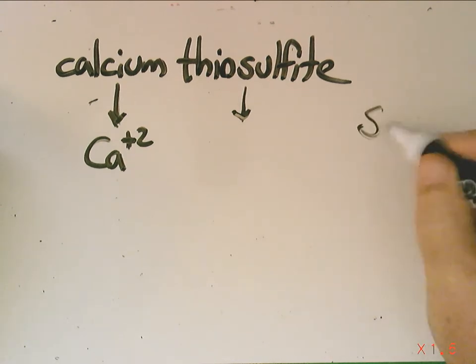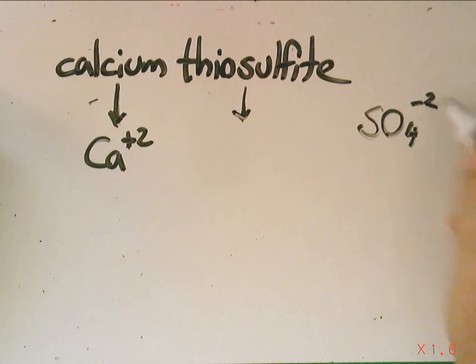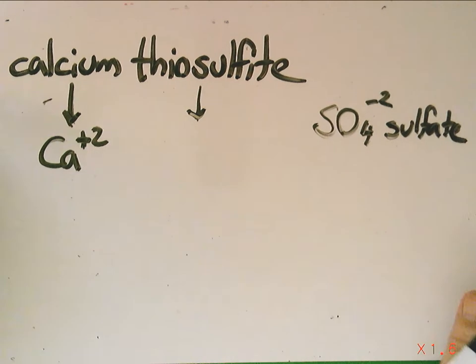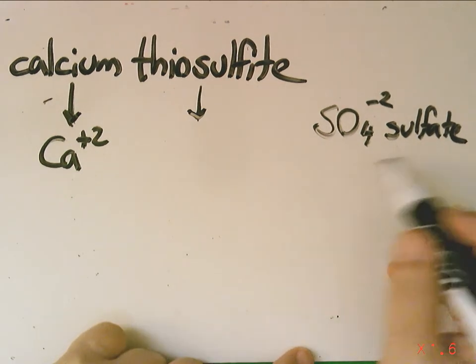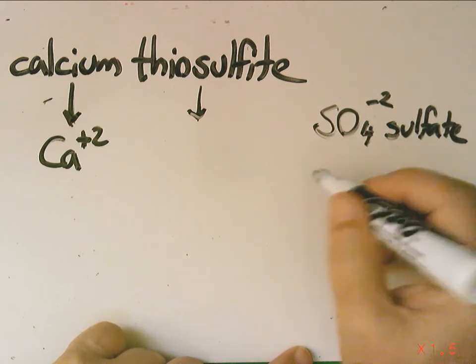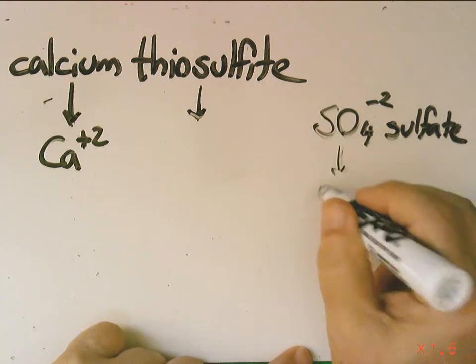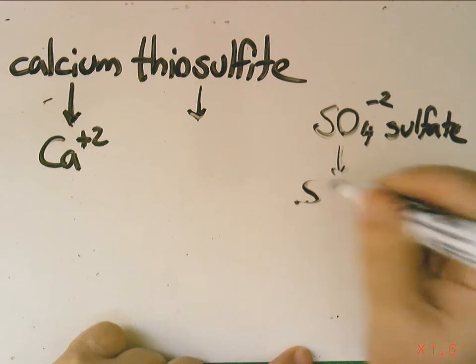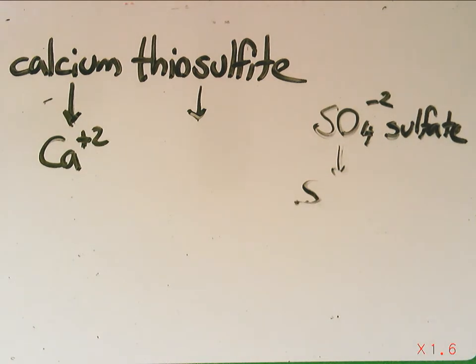I know that SO4 -2 is sulfate. So let's see, if I have sulfite, that has 1 less than that, right?